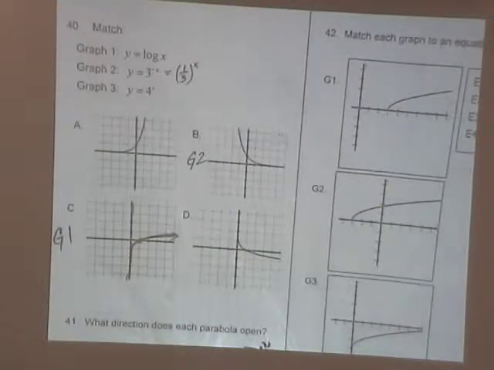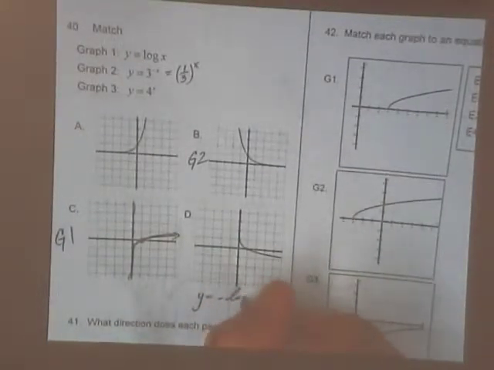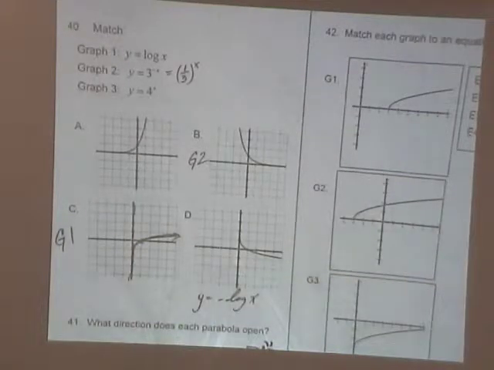Wait, why isn't it D? D looks like a reflection across the x-axis of C, doesn't it? Yeah. So D is a graph of y equals negative log of x. But isn't that decay too? Nope.